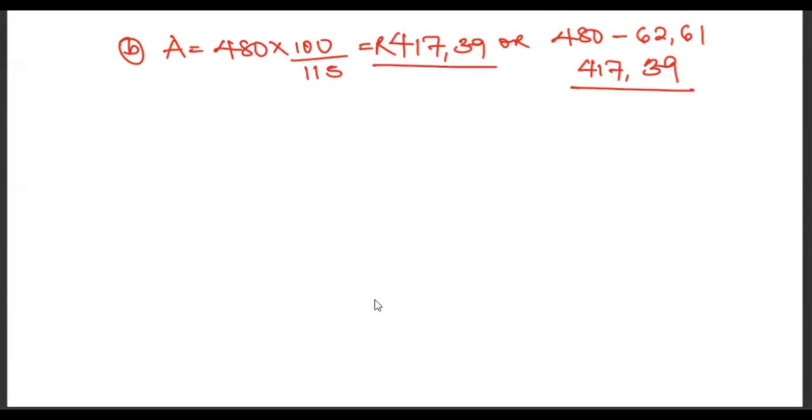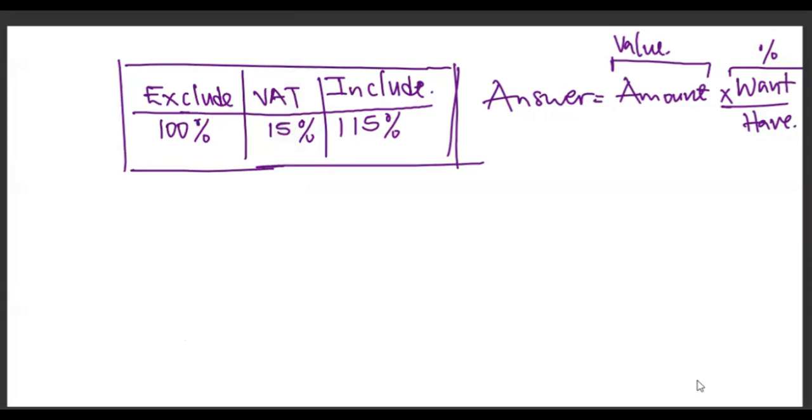Example number 2. You might be given just VAT and they want you to calculate the price inclusive and the price exclusive.